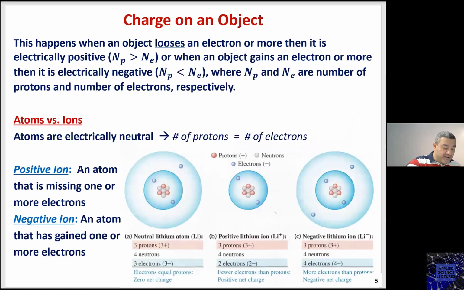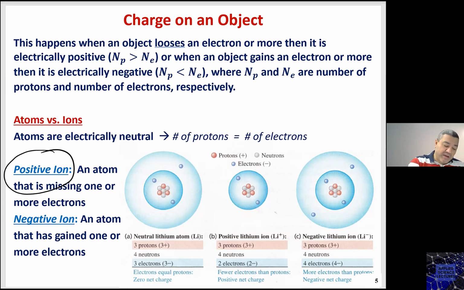So if we look at this atom, when the number of the electrons equals the number of the protons, the atom is electrically neutral. However, when an atom loses an electron, the number of the protons becomes greater than the number of the electrons, and in this case it becomes a positive ion.